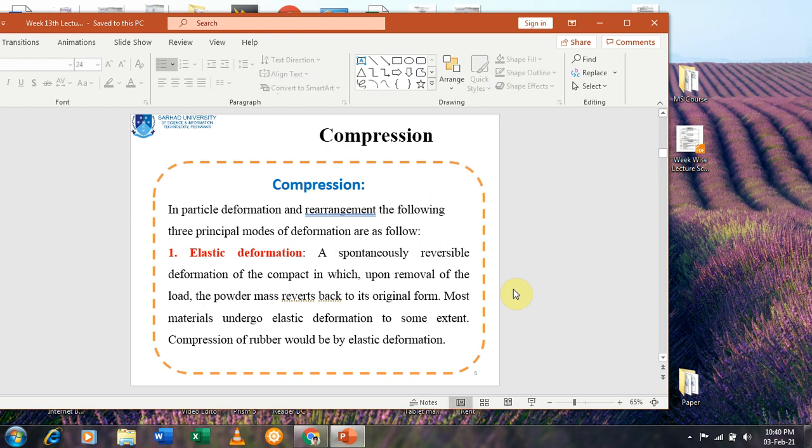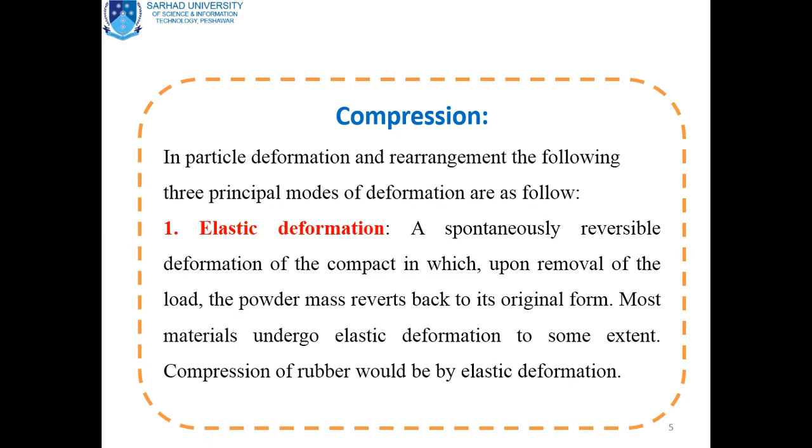When the load is removed, the material will revert back to its original form. Rubber is one example of elastic deformation. But most materials undergo elastic deformation to some extent.